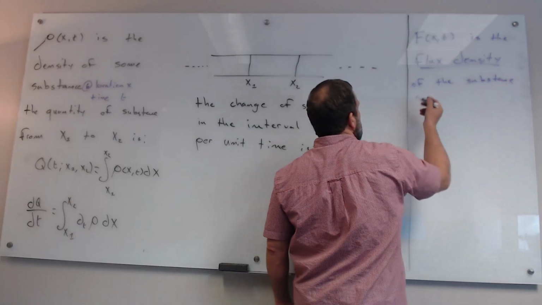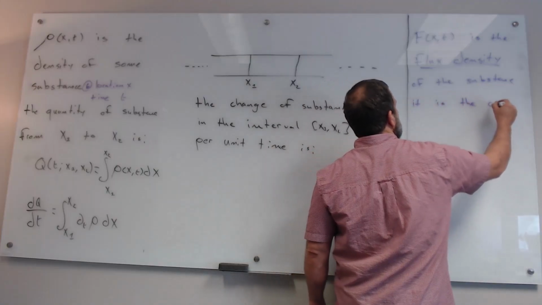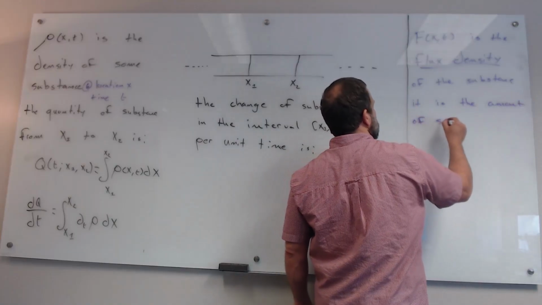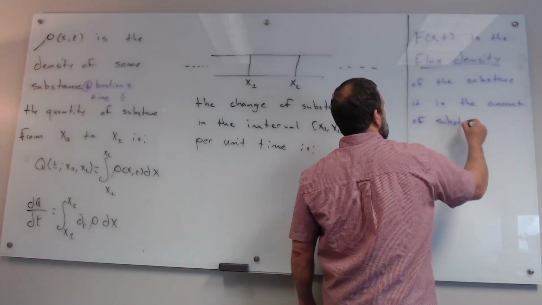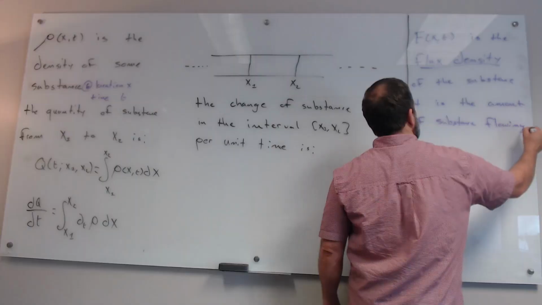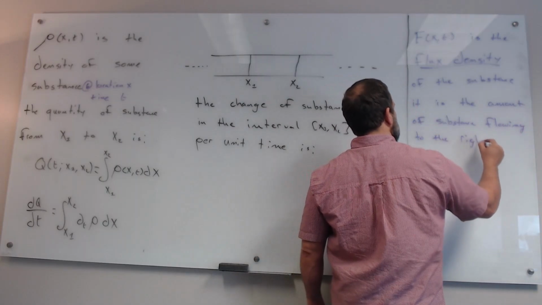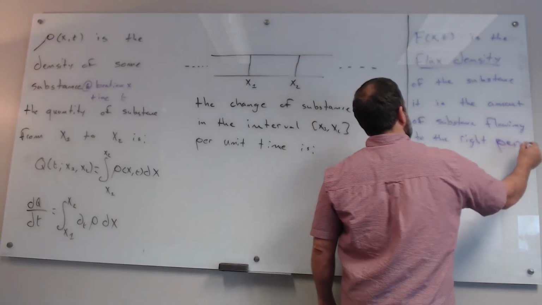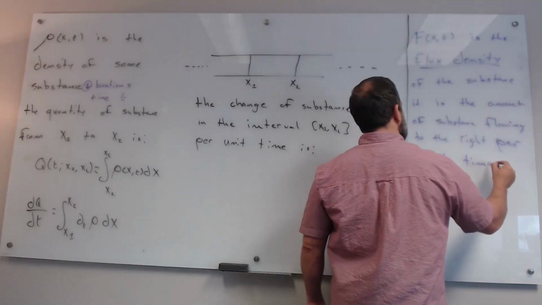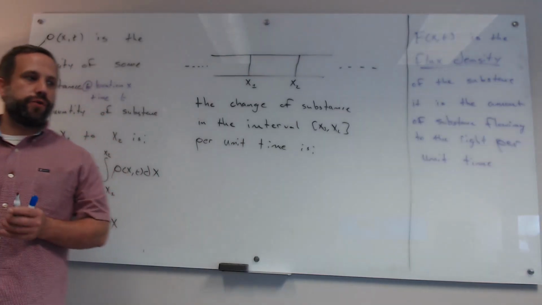So it is the amount of substance flowing to the right per unit time.